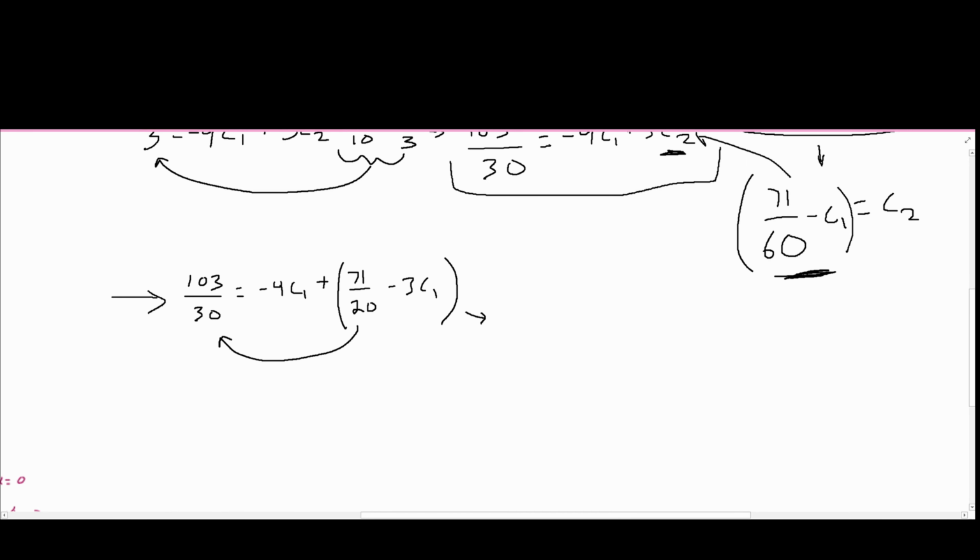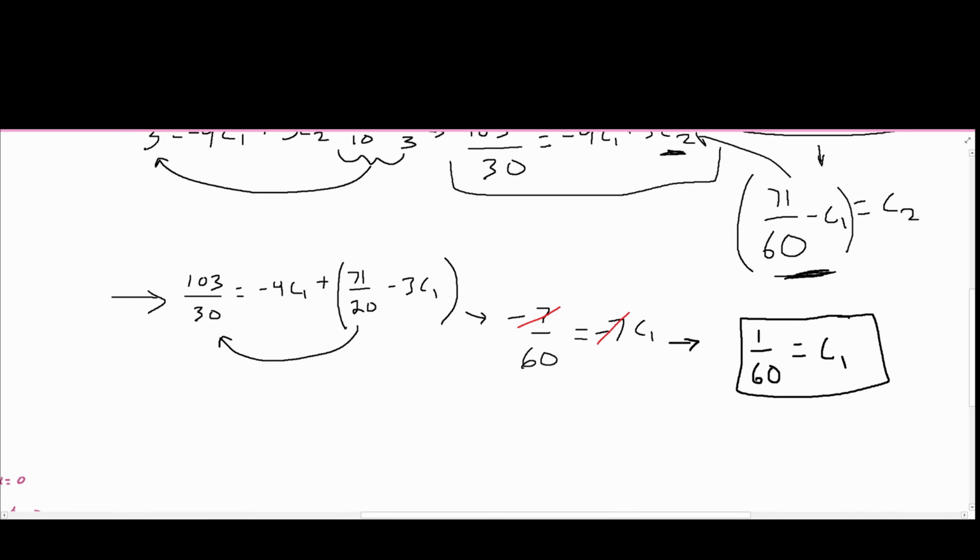Doing this, we get 7 over 60 equals negative 7 C1. Now here, we divide both sides by negative 7, which leaves us with 1 over 60 is equal to C1. And that is almost part of the answer.